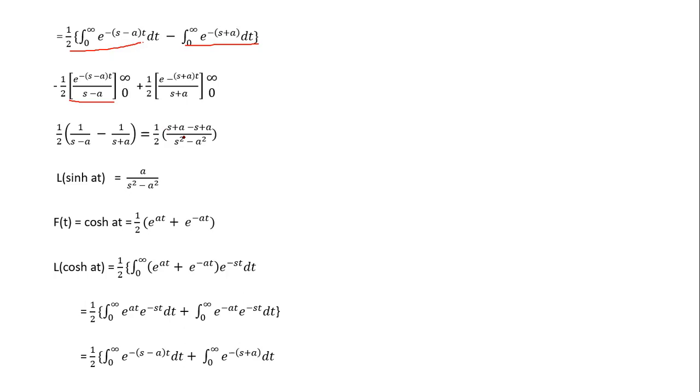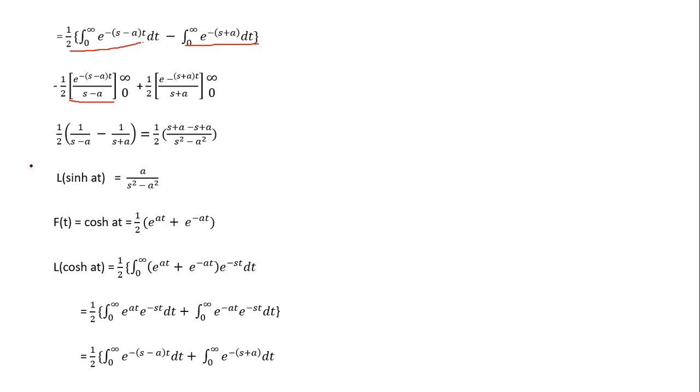When you simplify the whole top here, we get 2a, or half multiplied by 2a over s squared minus a squared.